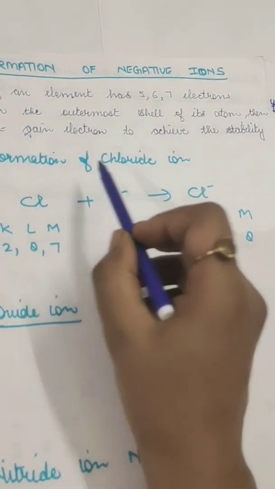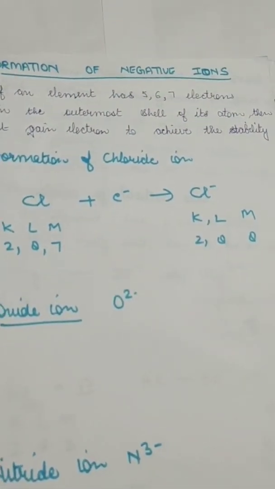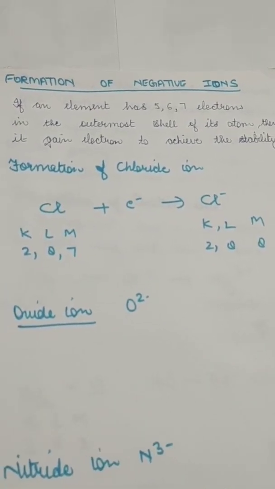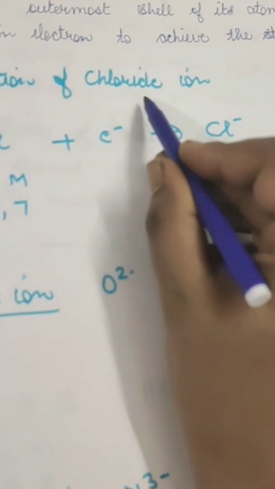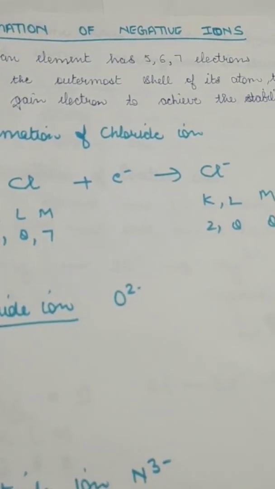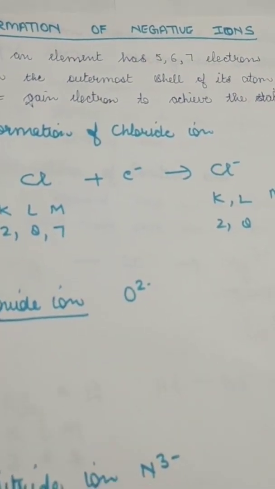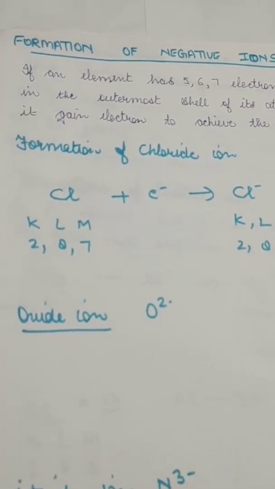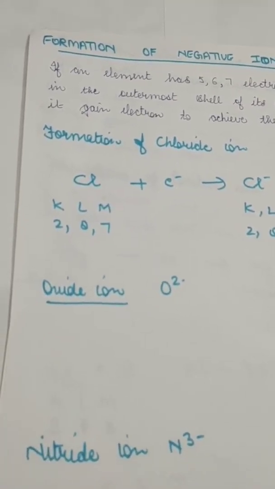Like in the formation of chloride ion, when chlorine accepts the electron, we don't call it chlorine ion, but we call it chloride ion. Same in the case of hydrogen, if you remember, when hydrogen accepts the electron, we call it hydride ion, and when it donates the electron, we call it hydrogen ion.